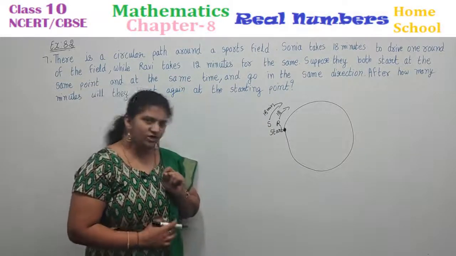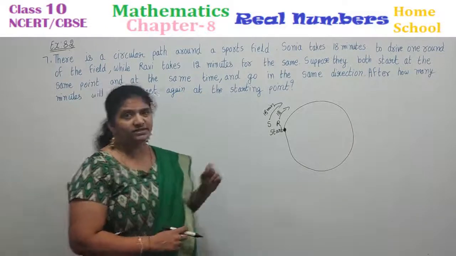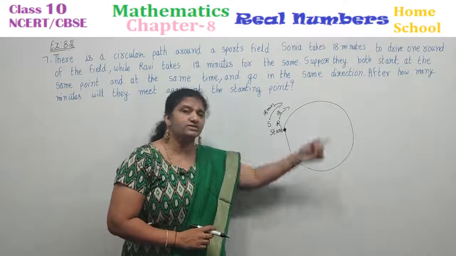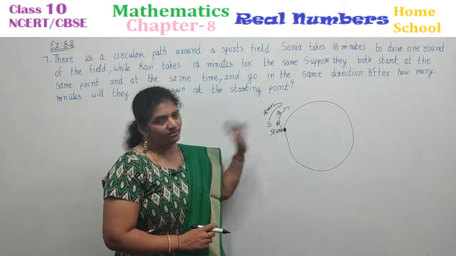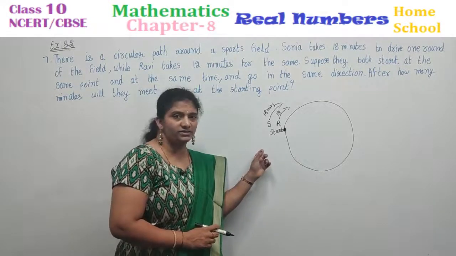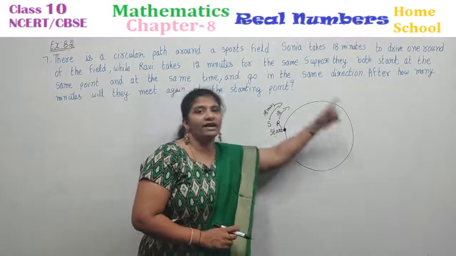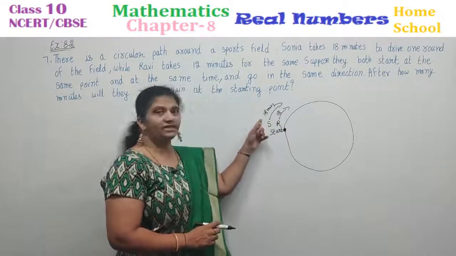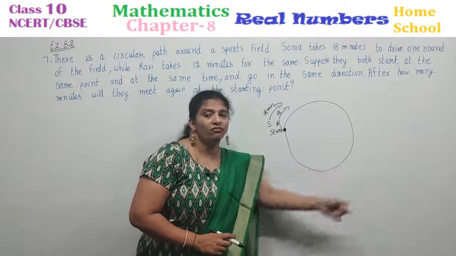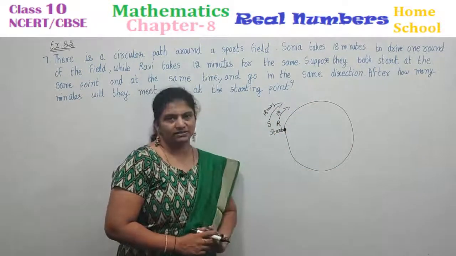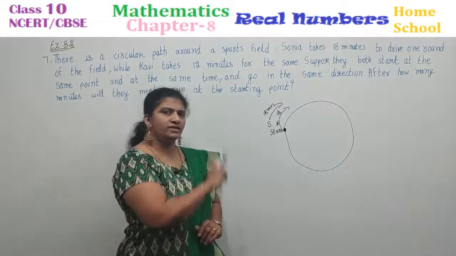So understand the question carefully, children. There are two persons. They are going to drive in a circular path. Who are the two persons? Sonia and Ravi. Sonia takes 18 minutes to take one round, whereas Ravi takes 12 minutes to drive one round. They are just moving in a circular path.